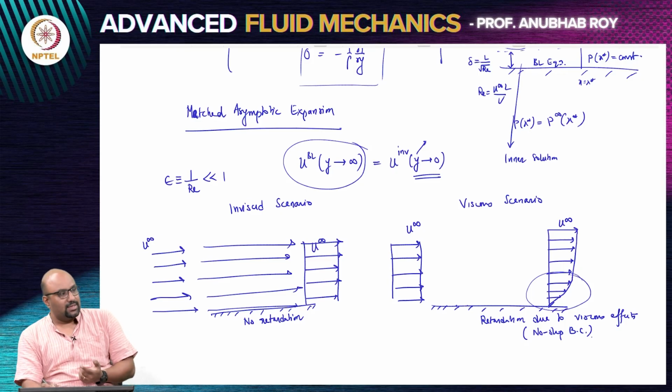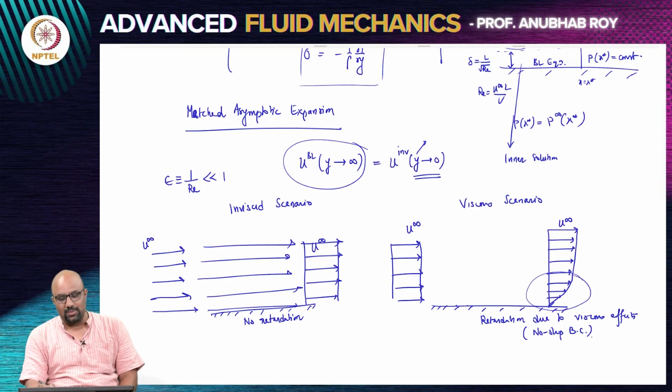Now, using this, we can try to think in terms of what would be the region where you have the boundary layer, because the boundary layer is not like a visible or an actual location in the flow. Boundary layer is basically what we are using to understand the region where viscous forces and inertial forces are comparable.